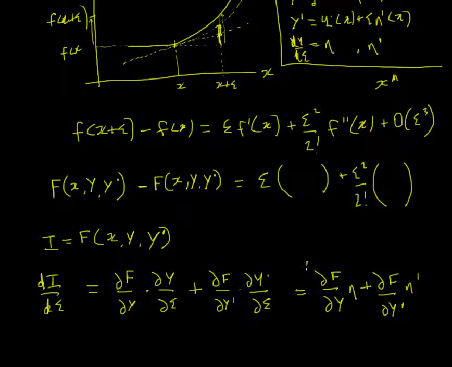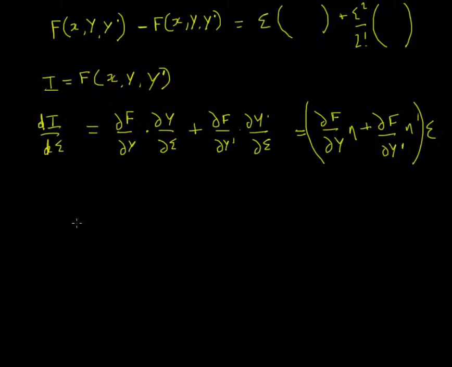Okay, so that would be our first variational, so that would go in that bracket there. Okay, so that's the first derivative of, not that simple function, but the first derivative of our functional.